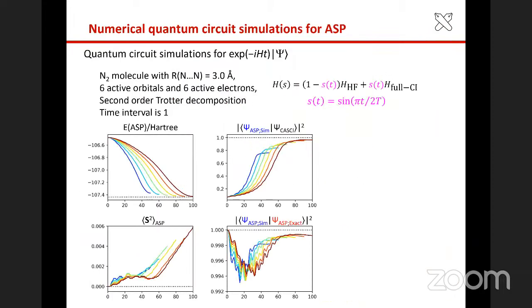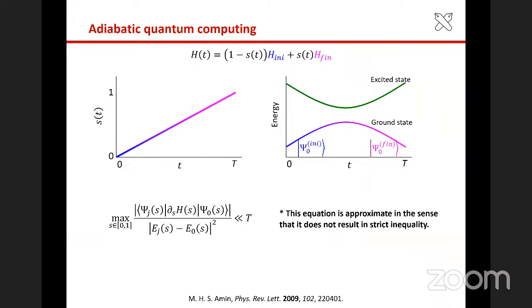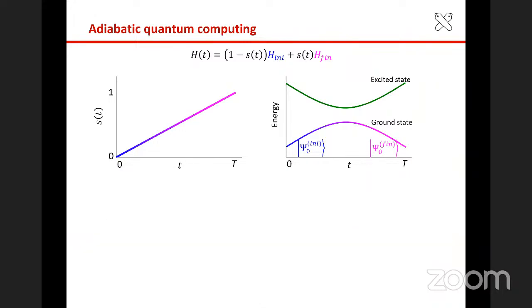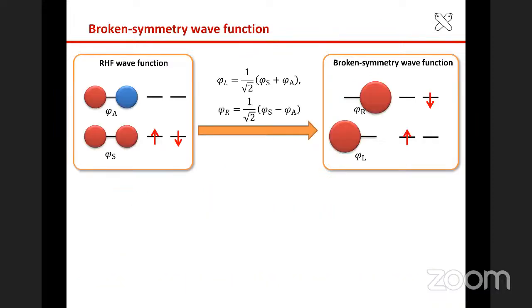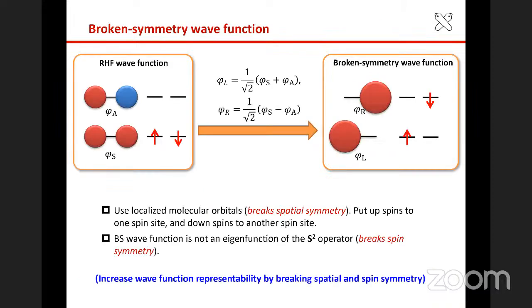So I didn't prepare the slide for natural orbital generation, but anyway, the idea is if we calculate the broken-symmetric wave function, in this case we have some unequal occupation for spin alpha and spin beta electrons.